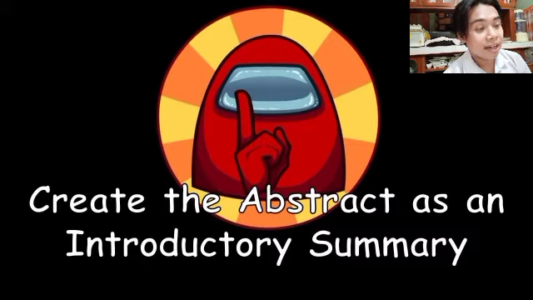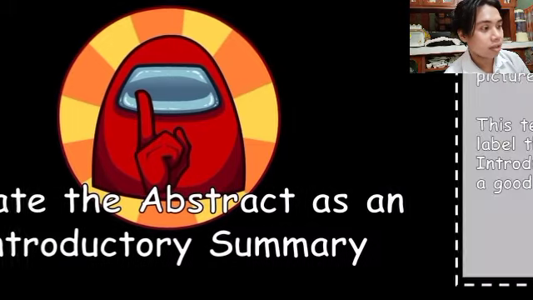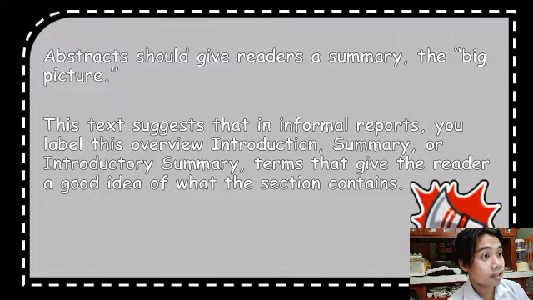The next guideline is create the abstract as an introductory summary. Abstracts should give readers a summary, the big picture. When we say abstract, it is like the summary of the report. You should give the readers the summary that they need to know.